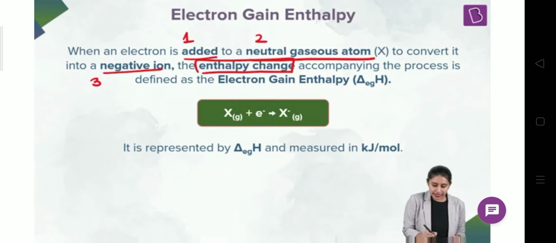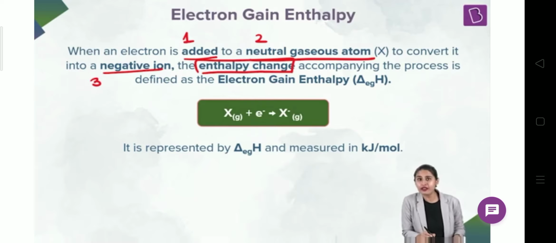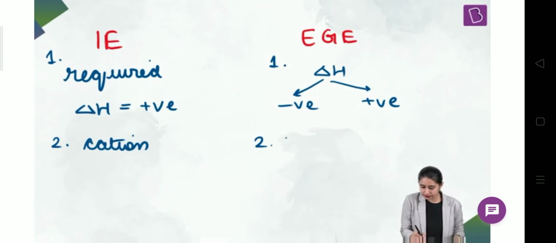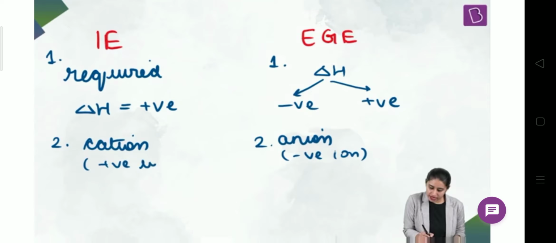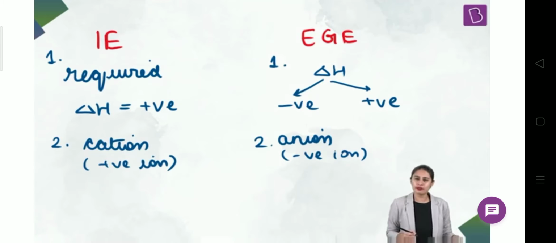In electron gain enthalpy, we have to make a negative ion, that means an anion. So a cation, a positive ion, we make in ionization energy because we are removing an electron. In electron gain enthalpy, we are giving an electron, hence we are making an anion.